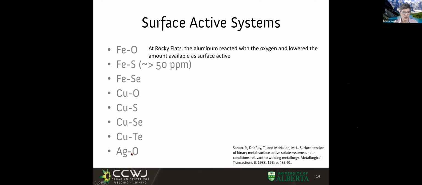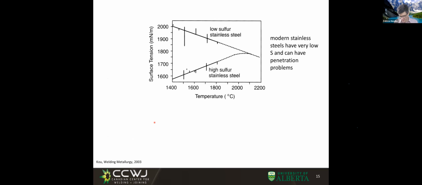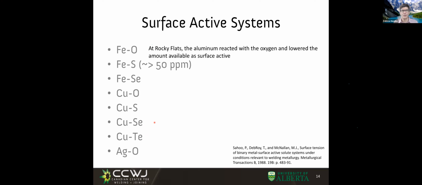And silver with oxygen. Very importantly, you don't see this in aluminum, right? Because you need a specific thermodynamic for having this surface active system work in welding. And in aluminum, the oxygen doesn't survive without reacting.